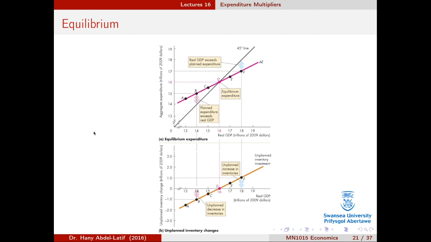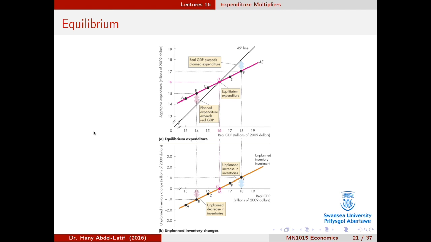So what if this is not the case? What if the aggregate expenditure does not equal real GDP? As we said, the aggregate planned expenditure might be different from the real GDP. On that graph, points A, B, C, E, F all show you these cases where aggregate expenditure does not equal real GDP.